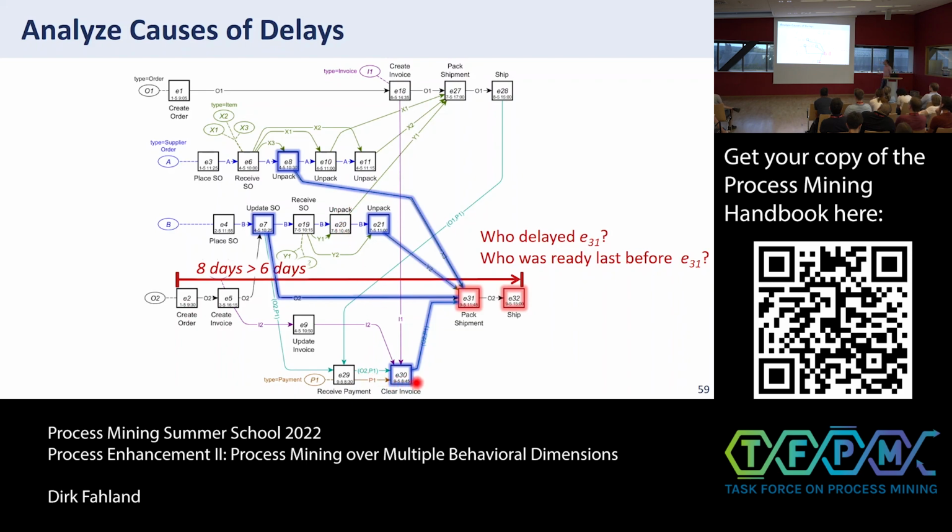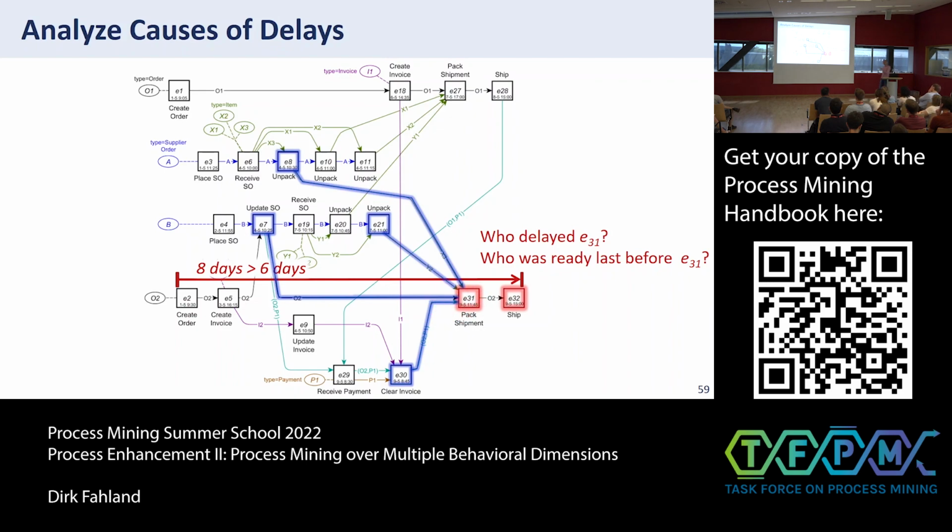So, E7, E8, E21, they all happened before, right? For the packing shipment, I need to have the items there. Well, this one is a bit transitive in the past, related to the order. This one is the last event that occurred before I could do this one. So this one was holding up my pack shipment. The one that finished last before my event is a possible cause for the delay of E31.